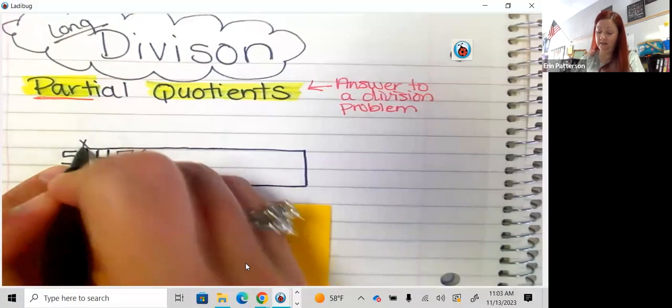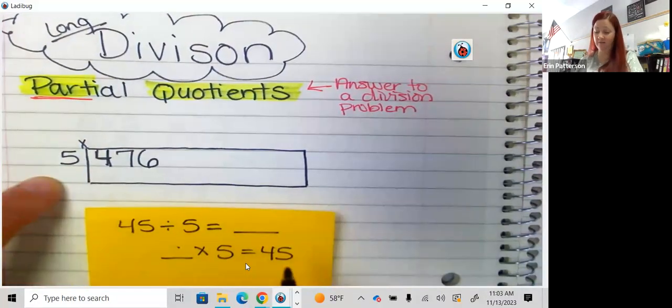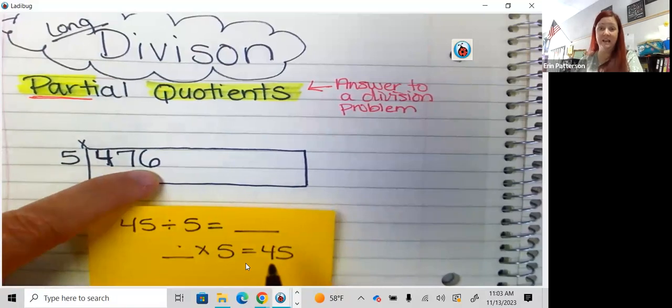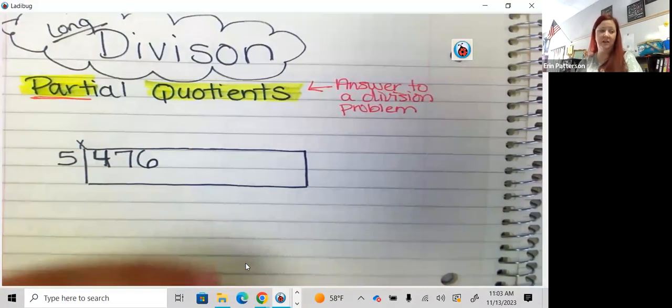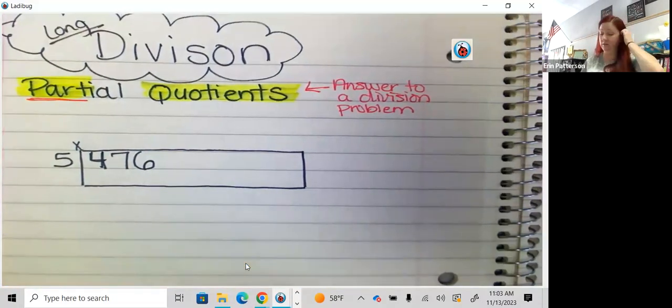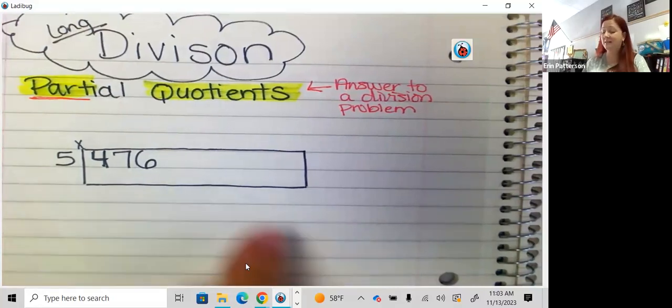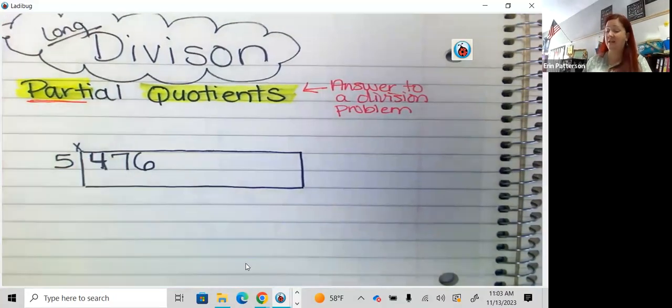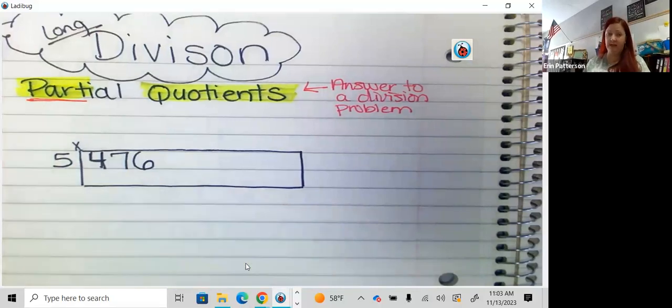Something times 5 is going to give us 476. Division and multiplication are related. So you may see it as an area model. You've seen these before with multiplication.